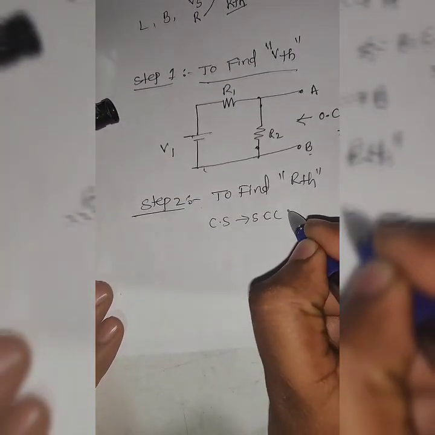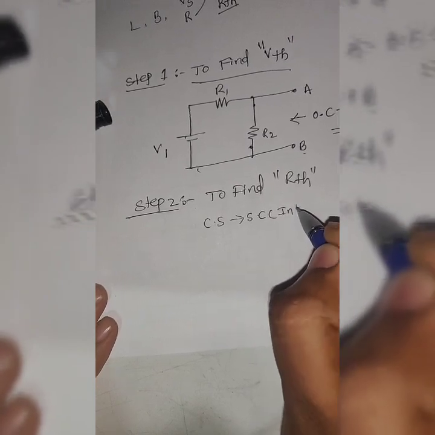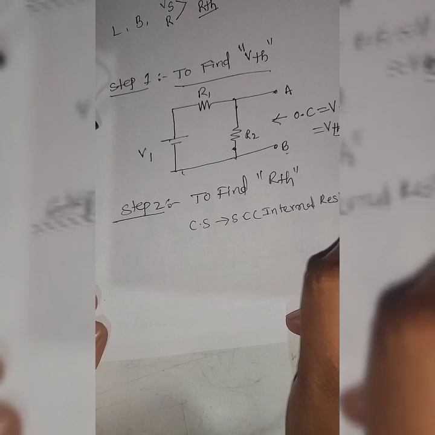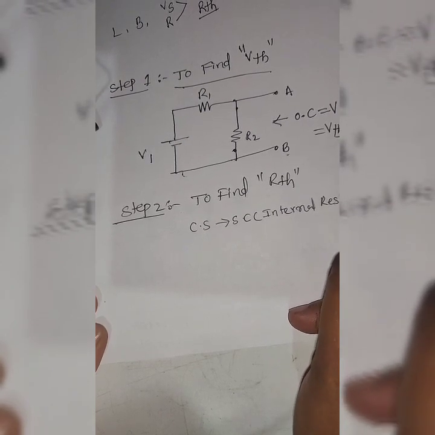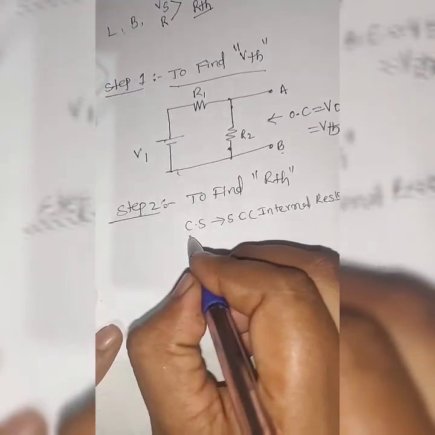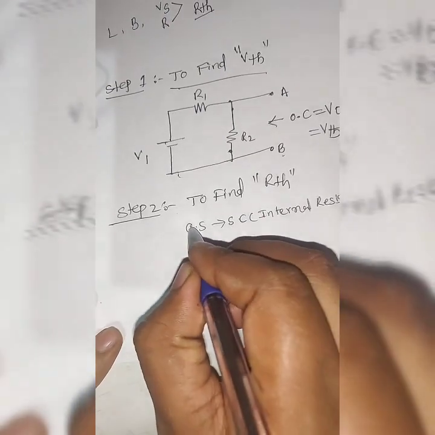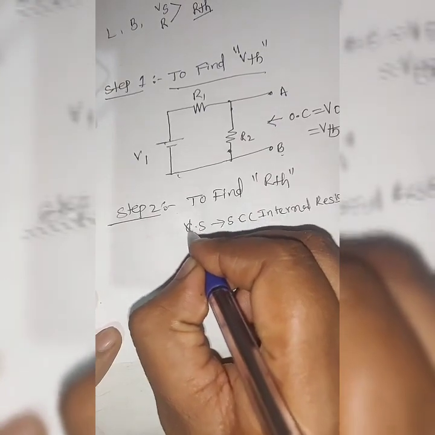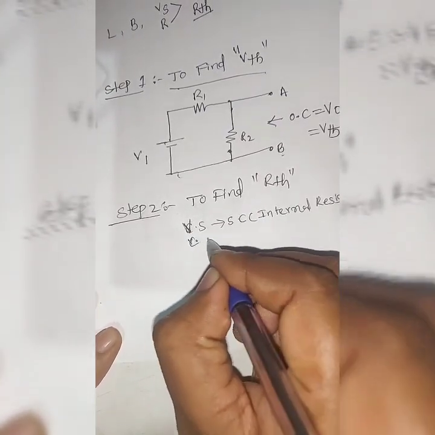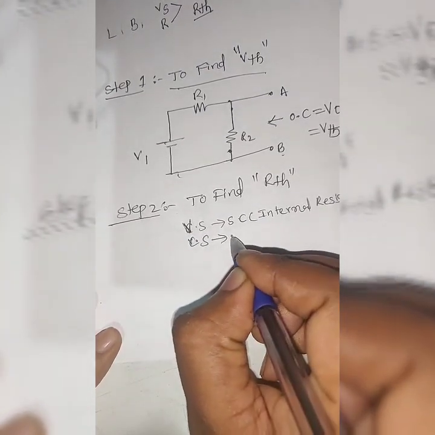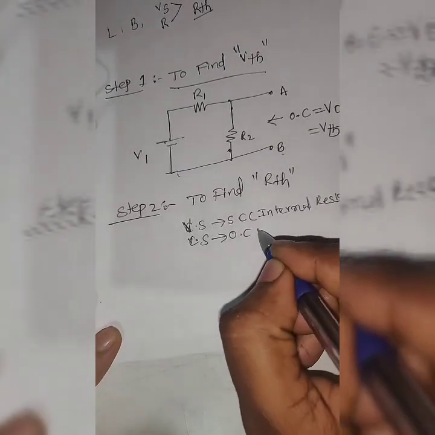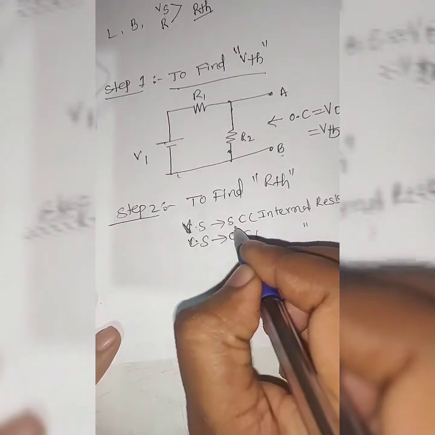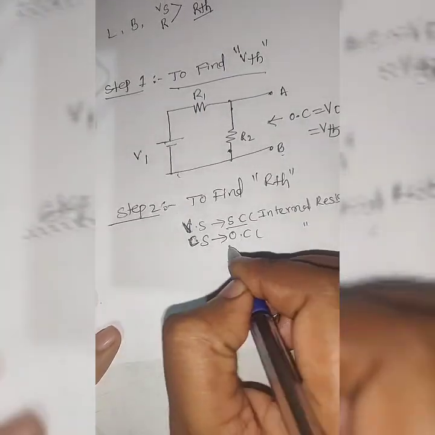If there is any internal resistance, replace the source with that internal resistance. If current sources are there, replace them with an open circuit. If any internal resistance is there, replace with that internal resistance. Voltage source with short circuit, current source with open circuit.